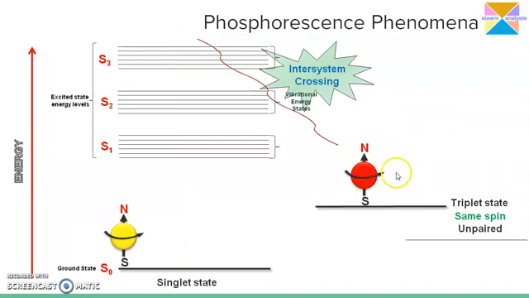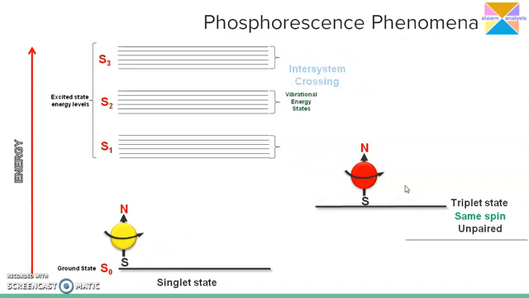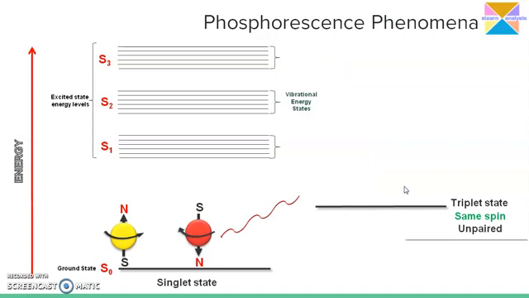Now the spin orientation has changed, and here in the metastable triplet state, the electron will stay for quite a long time. Because of this forbidden spin symmetry, it won't be allowed to travel back immediately; rather it stays for quite a while here, and then it starts its journey back to the singlet ground state.